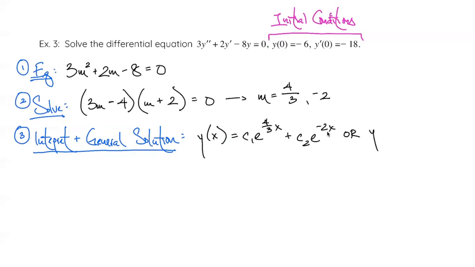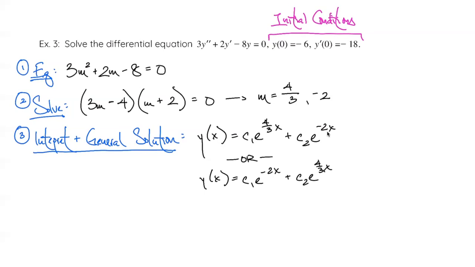Or you could write it with your constants the other way around, meaning y of x would equal C1 e to the negative 2x plus C2 e to the 4/3 x. All right. And I'll leave that up to you.